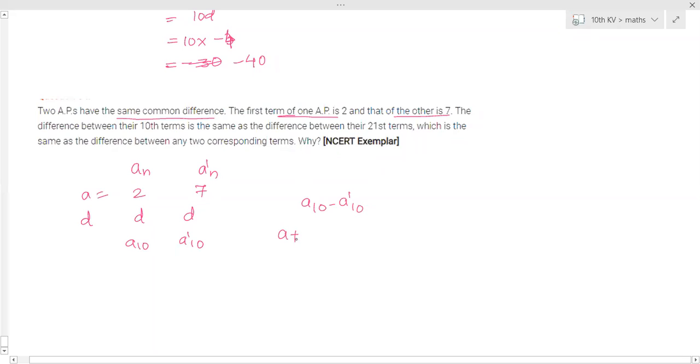We'll consider the first terms as x and y. So x plus 9d minus y plus 9d, that is x plus 9d minus y minus 9d. This and this get cancelled. So the difference between these two is x minus y. What is x minus y? 2 minus 7, that is minus 5.